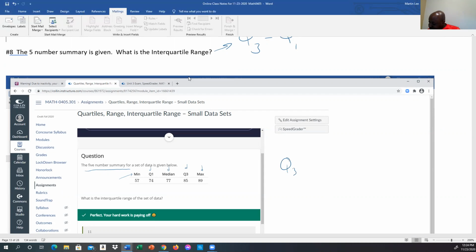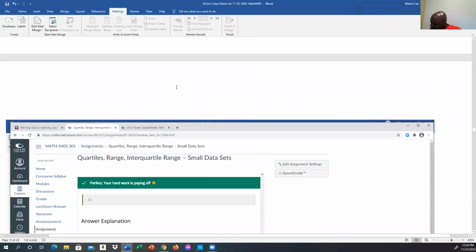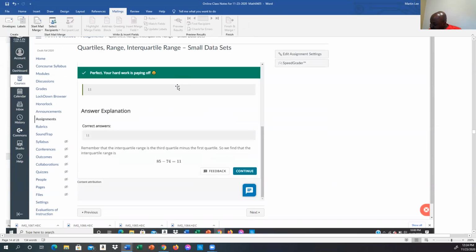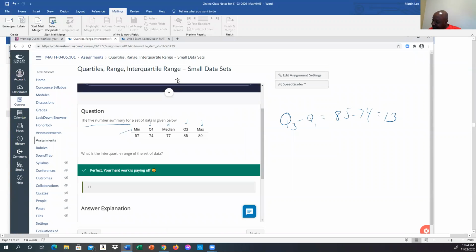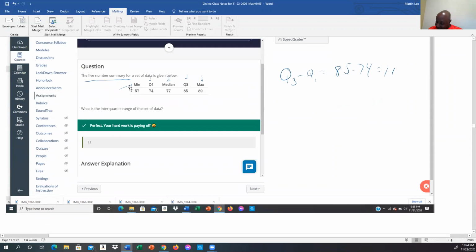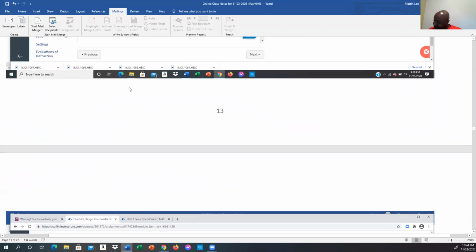So when we subtract Q3 minus Q1, that gives us 85 minus 74, which equals 13. No, it does not give us 13. Wow, it gives us 11. Right, because 5 minus 4 is 1, and then 8 minus 7 is 1.